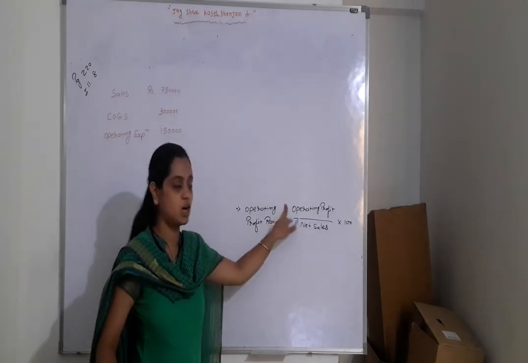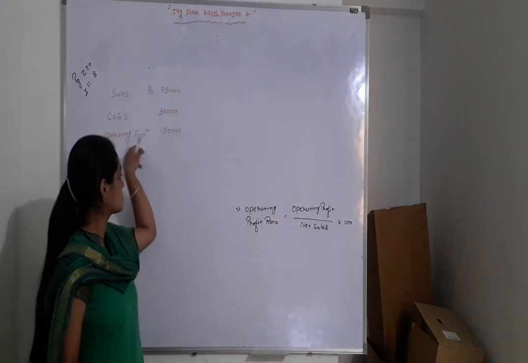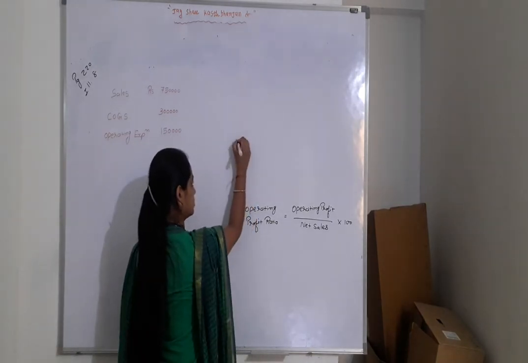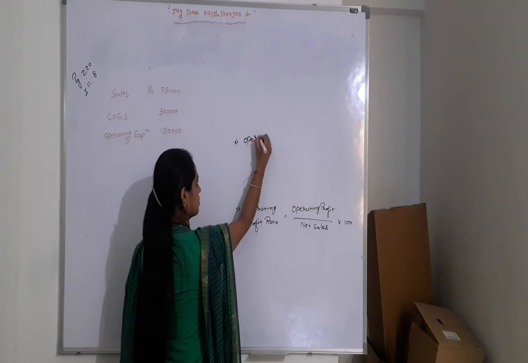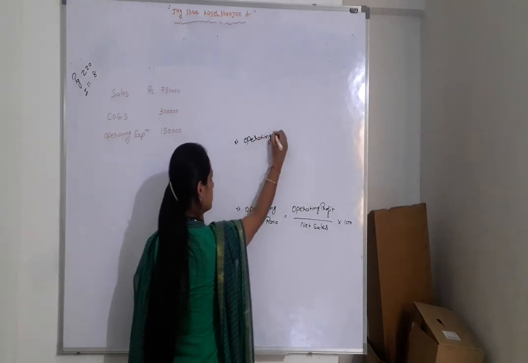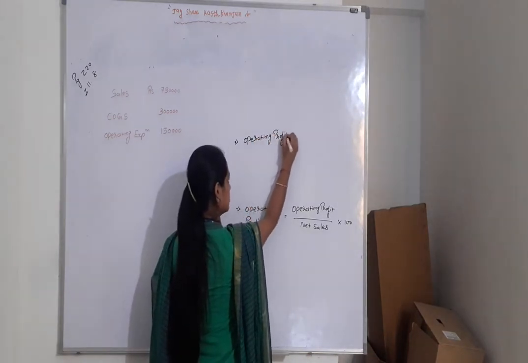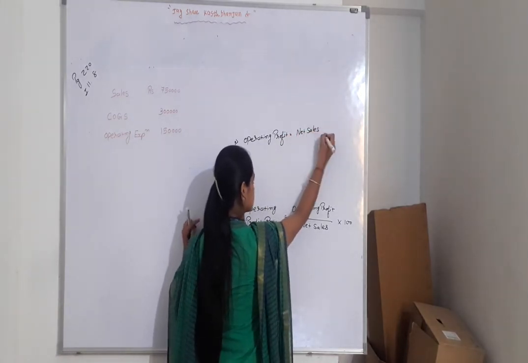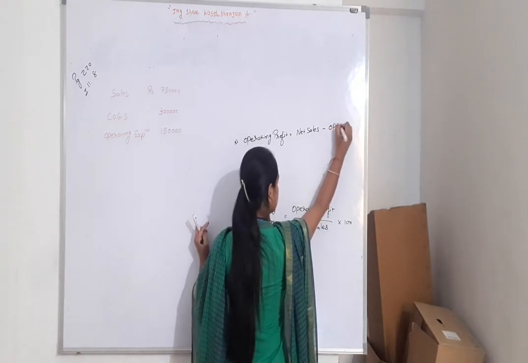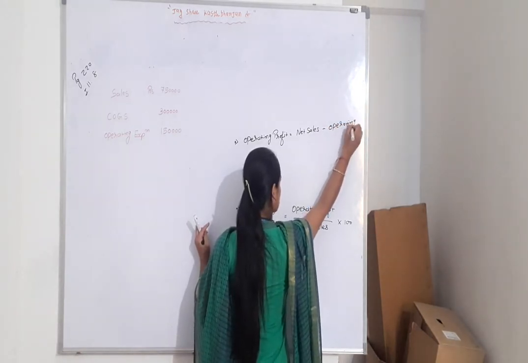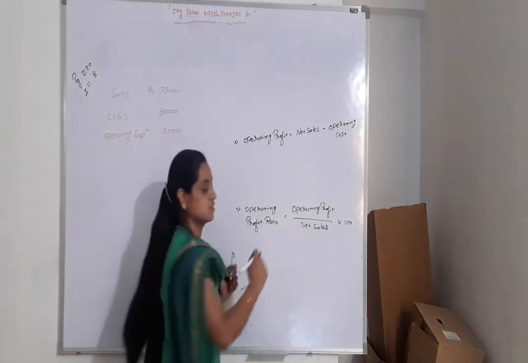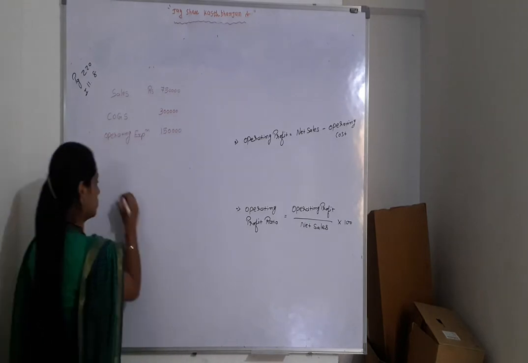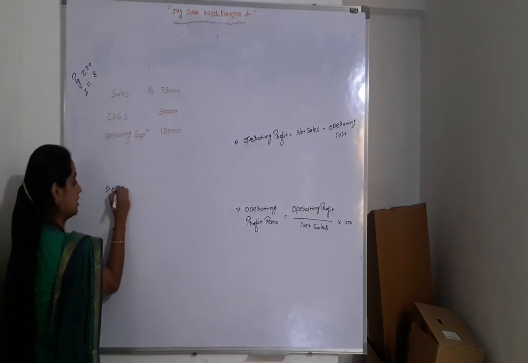Now we want operating profit, but there is no operating profit given. That means we have to find operating profit. Operating profit is equal to net sales minus operating cost. We have net sale, but we don't have operating cost. That means first of all we have to find operating cost.